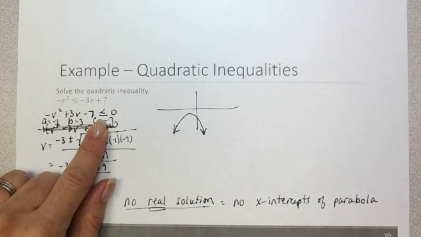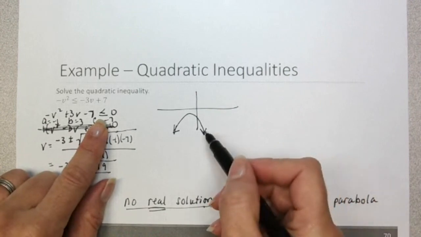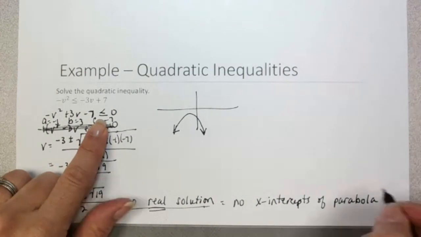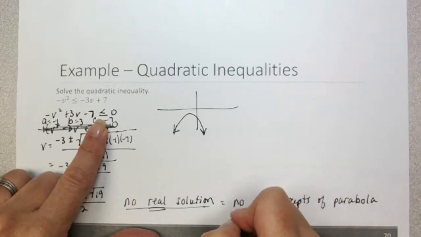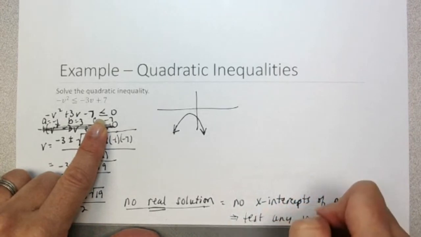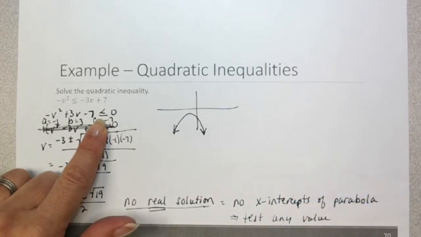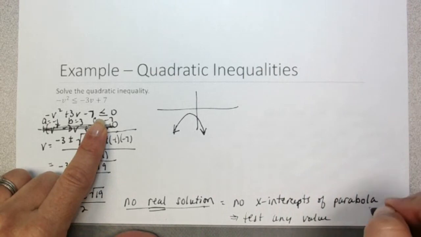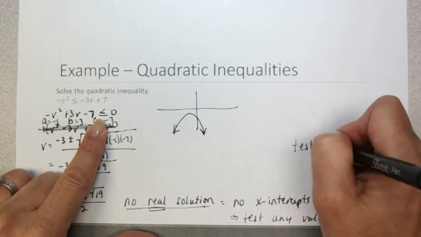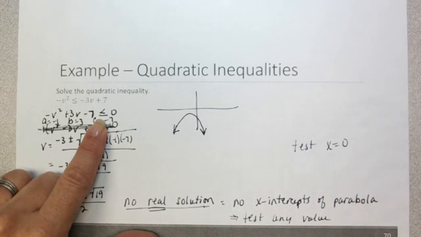So to solve this, I can graph it and see it that way, or I could say if there's no real solution, that means there's no intercepts. Then I could say that means test any value. Test any value at all. 0 is a nice one. So let's test x equals 0. Do it here. X equals 0.